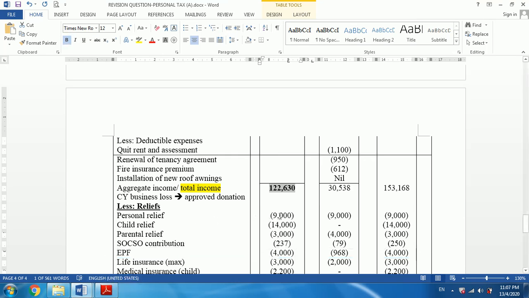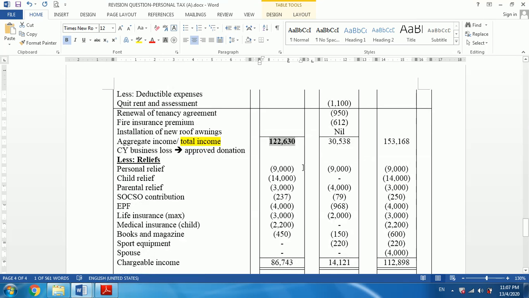So next part, which is relief. If you still remember that CAN is a Malaysian resident, so he is entitled to 9K. His child is disabled and more than 18 years old, studying a full-time degree in a public university, so 14,000. Parental relief of 3,000. And just now when we calculated the salary, don't forget there will be EPF.